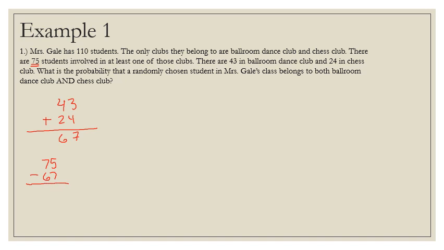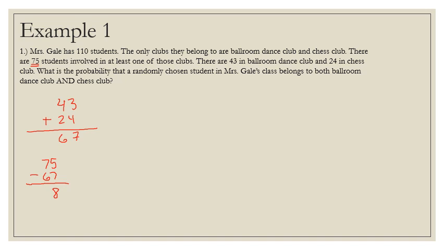So this gives us our overlap here. So there are kind of like 8 extra students. If you thought of the Venn diagram here, there's 43 in ballroom dance and 24 in chess. So we put them together and discovered that there are 8 extra that could possibly be in both. Okay, so that's what we've done here.